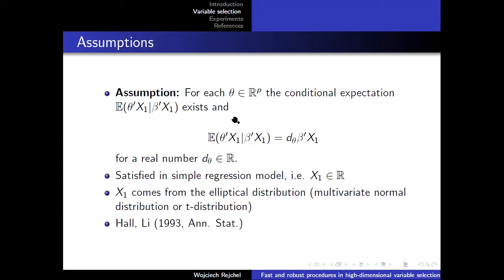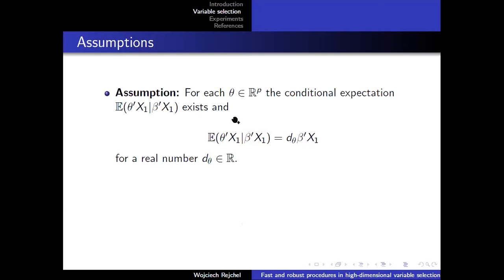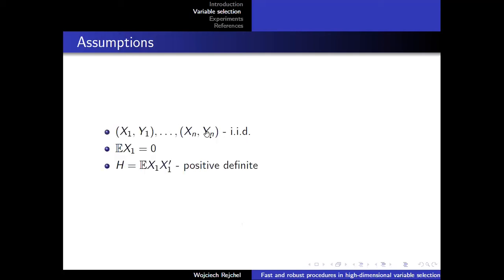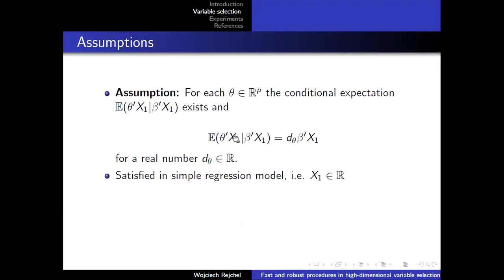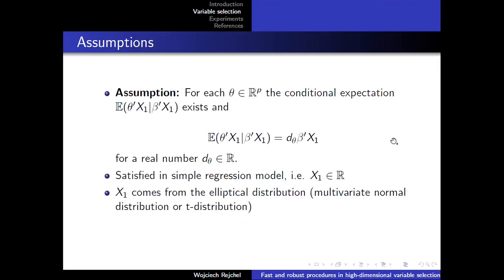There is something about n, of course, here, but it works. For instance, if your distribution of predictors is elliptical, then it works for each p. So, for instance, when p is smaller than n also.